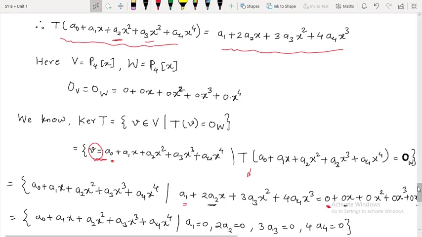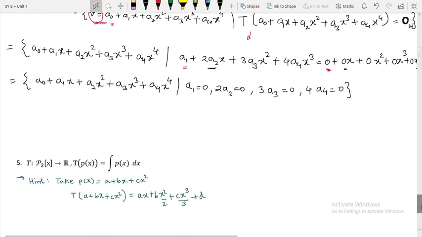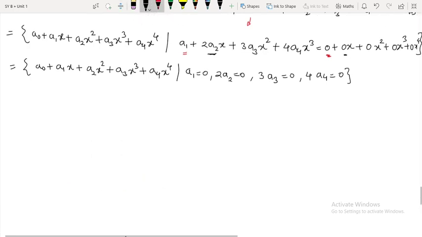Now we will move towards the next line. Before that, let us make some space over here. So this is equal to the set of all, now see, a1 is already 0.